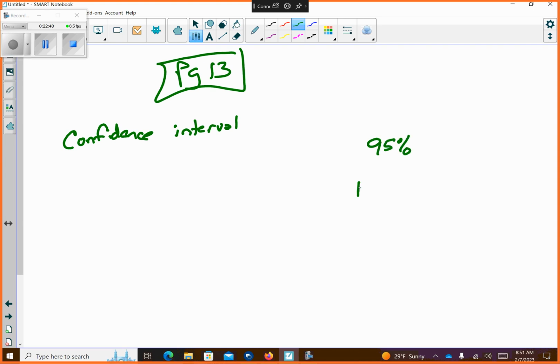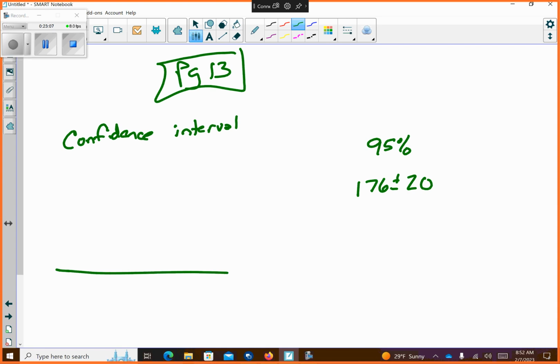So what they're going to say is, hey, we feel, based on our data, that our parameter, the mean of the entire population, is somewhere between 156 and 196 as far as the cholesterol. We are 95% confident that our mean is going to fall within there.